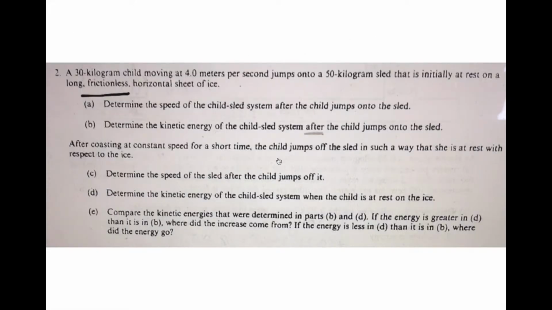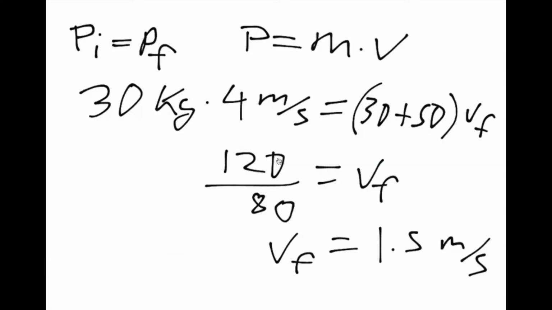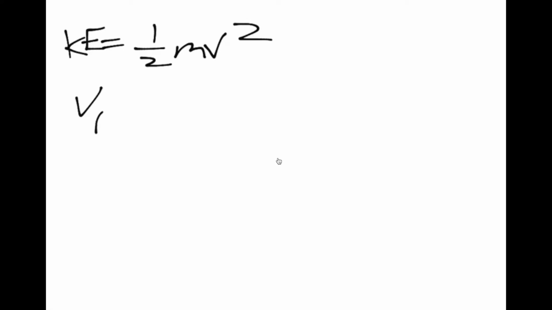The second part of the question asks us to determine the kinetic energy of the child-sled system after the child jumps onto the sled. So in this case, we're going to use the equation for kinetic energy, which is 1/2 mv squared, and we know that the mass of the child is 30 kilograms. We know the mass of the sled is 50 kilograms, and we know Vf from the previous problem that we just solved is 1.5 meters per second.